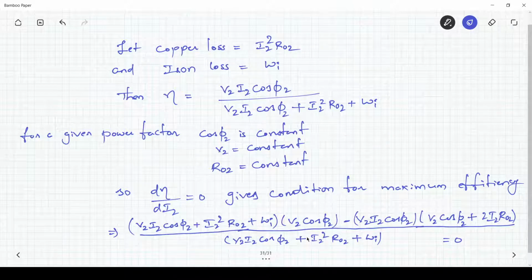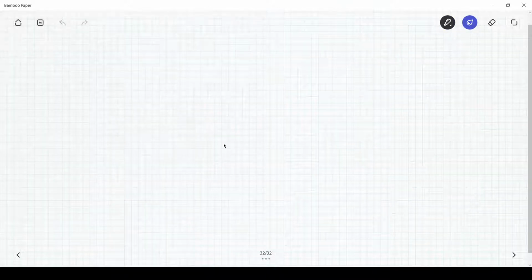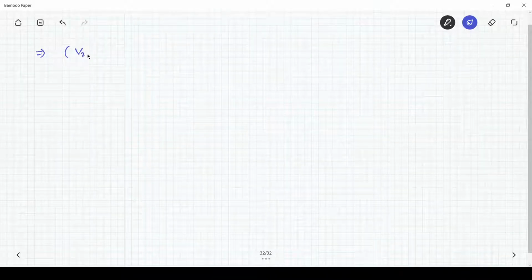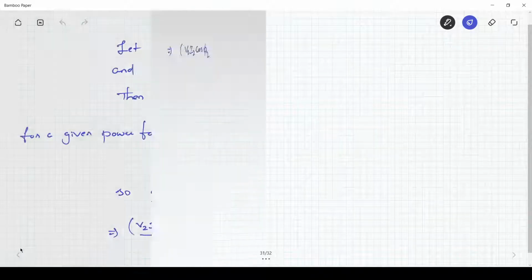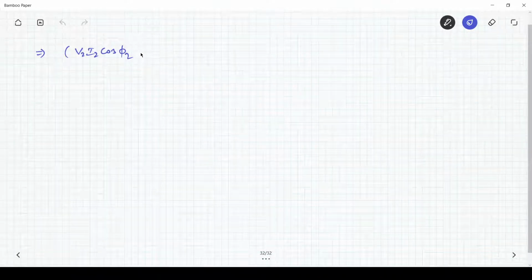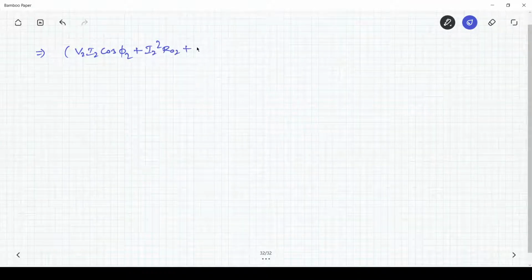From this, if you simplify it, you will get V2 I2 cos phi 2 plus I2 square R02 plus Wi, minus the second term.